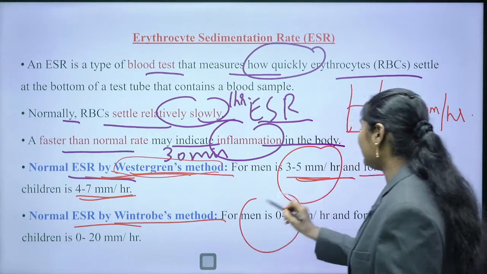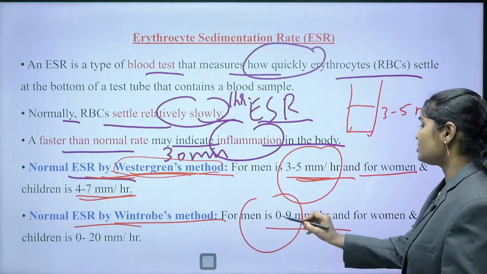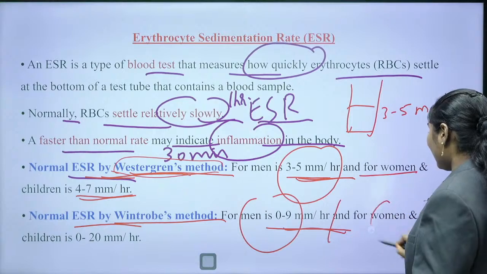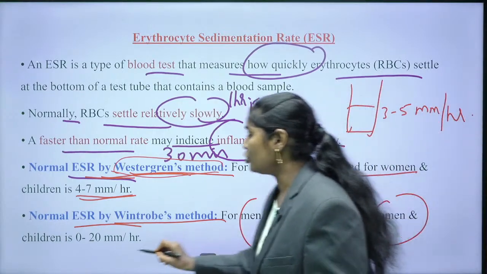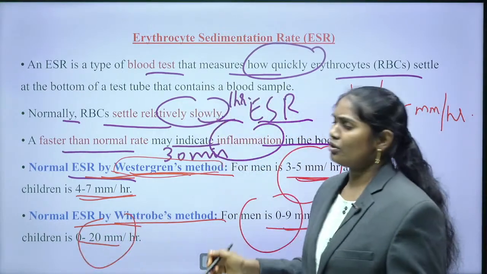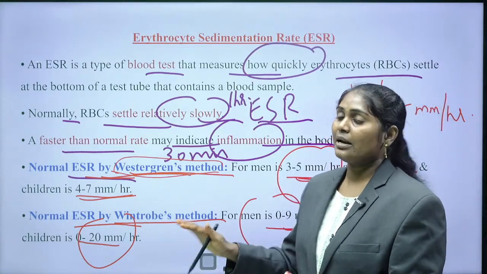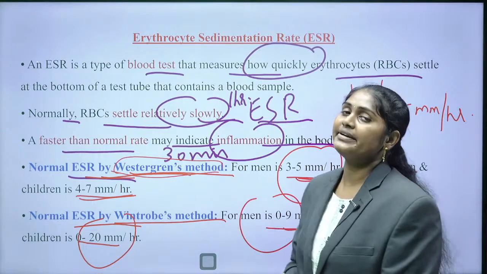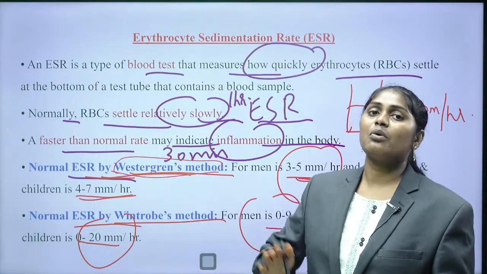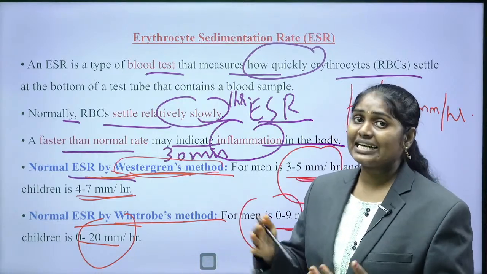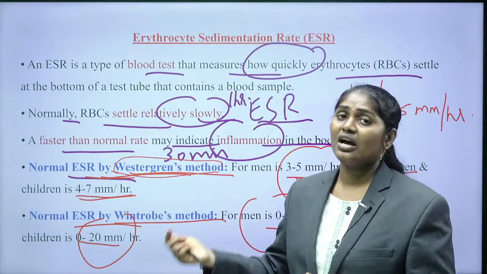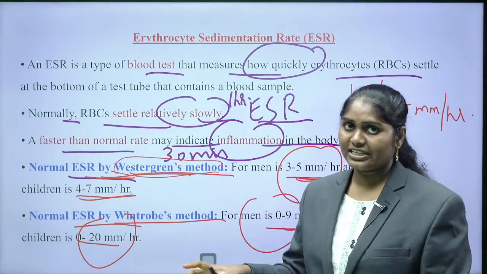So, normal ESR by Winthrop's method, for men it is 0 to 9 mm per hour, and for women it is 0 to 20 mm/hour. So no need to remember the numbers. It is a little bit difficult, but have an idea about the names of the tests. So what is ESR? What are the tests that are used to measure it? Normally it is related to sedimentation.